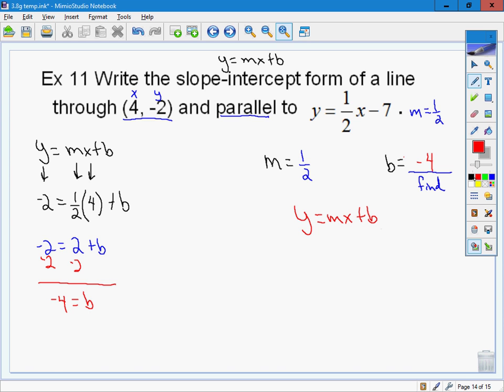All I have to do is replace these two pieces of information with what I've now found. So y equals 1/2 x, and I could write plus a -4, or I certainly could say y is equal to 1/2 x minus 4, because a positive times a negative would give me a negative anyway. Y equals 1/2 x minus 4.